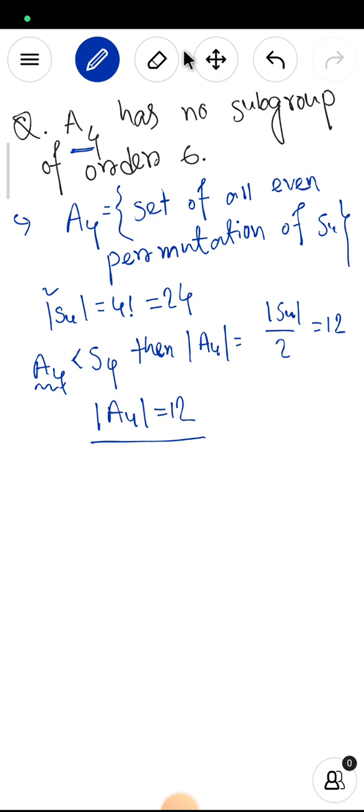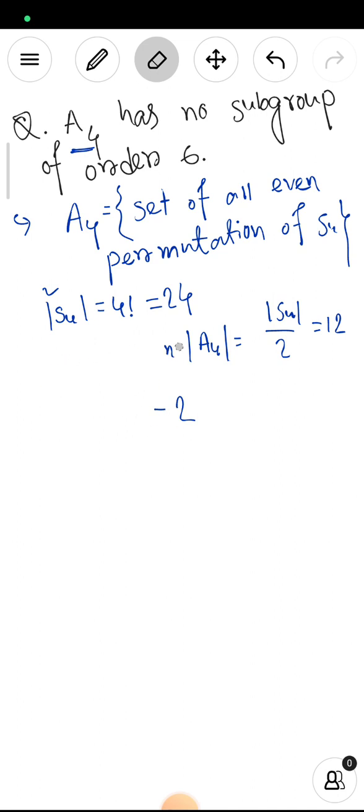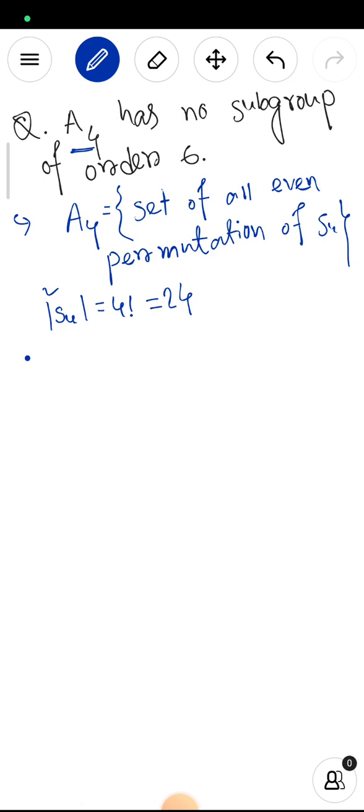Let me write this. Now, what is our target? Our target is that A4 has no subgroup of order 6.